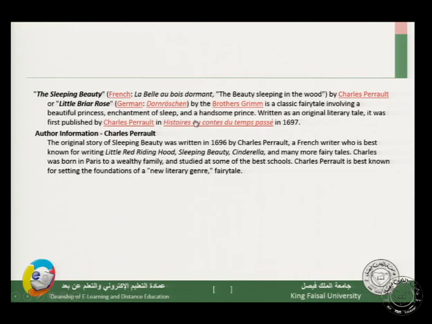Okay, Sleeping Beauty is also called the beauty sleeping in the wood. This is another name of Sleeping Beauty. Of course, the writer is Charles Perrault.